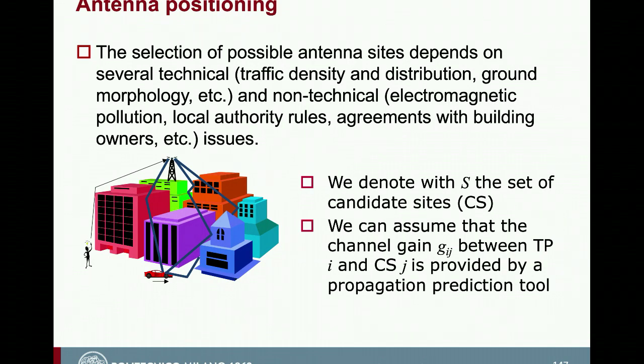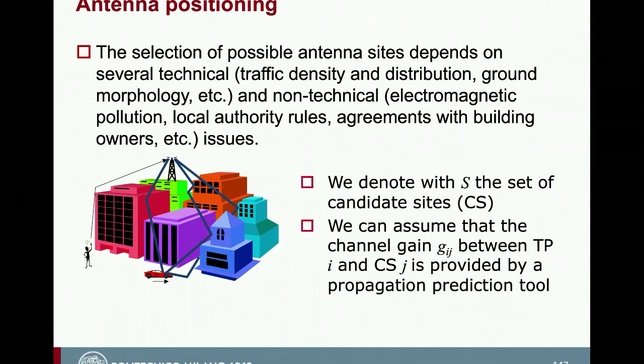The selection of possible antenna sites depends on several technical and non-technical characteristics, like traffic density, distribution, ground morphology, electromagnetic pollution, local authority rules, agreements with building owners, and so on. We denote the set S as the set of candidate sites.